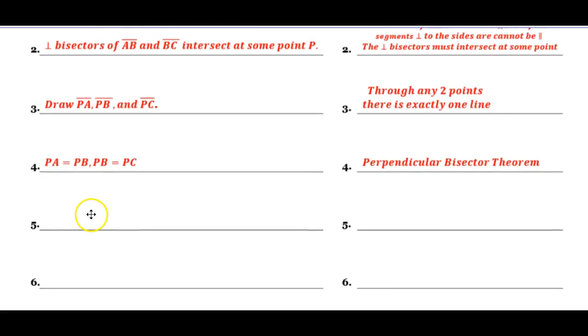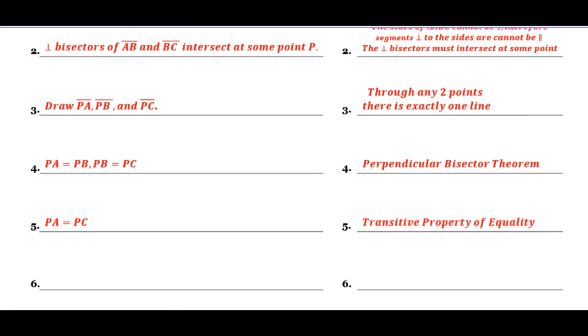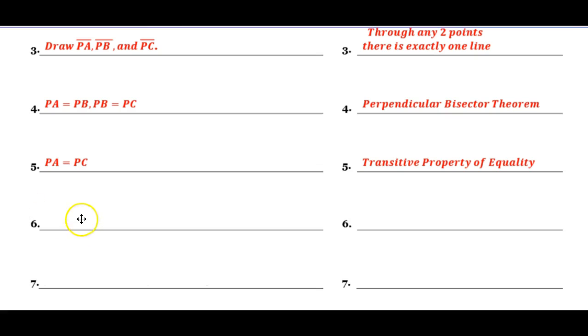Well, if PA equals PB and PB equals PC, then it stands to reason that PA equals PC by our transitive property of equality. Well, if PA equals PC, then P must also be on the perpendicular bisector of AC by the converse of our perpendicular bisector theorem.